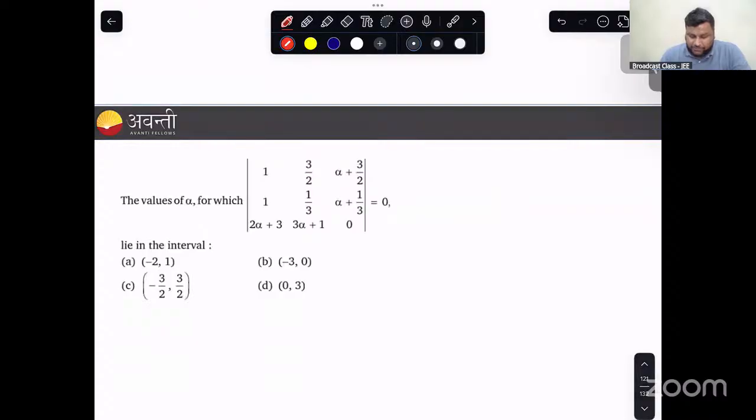The value of alpha for which this is 0 lies in the interval.